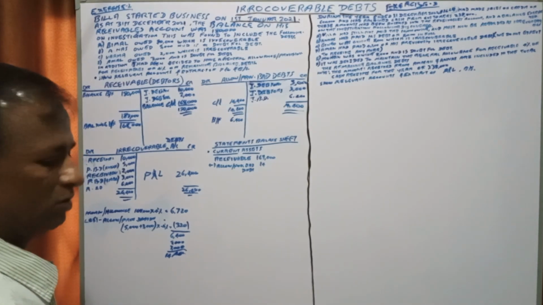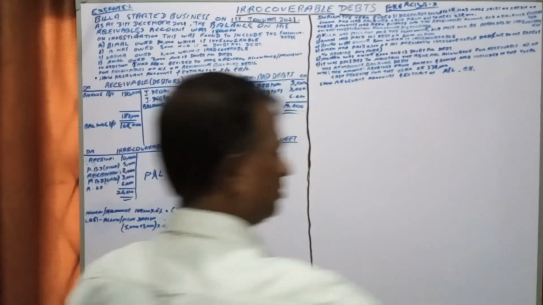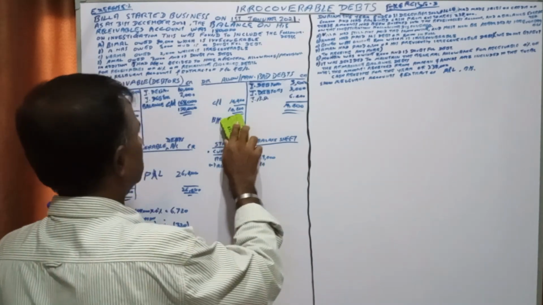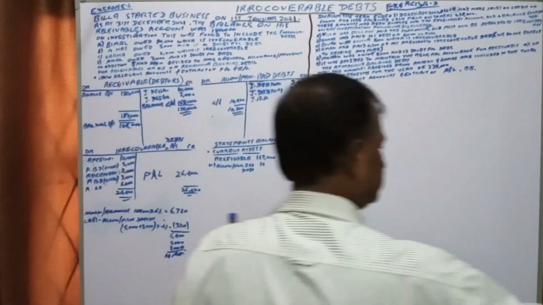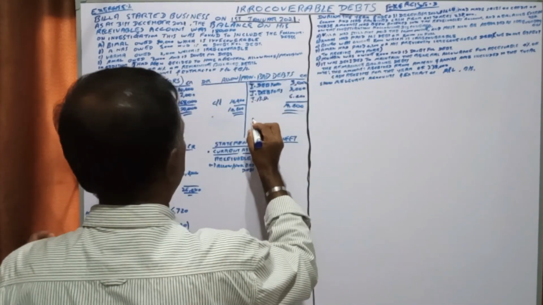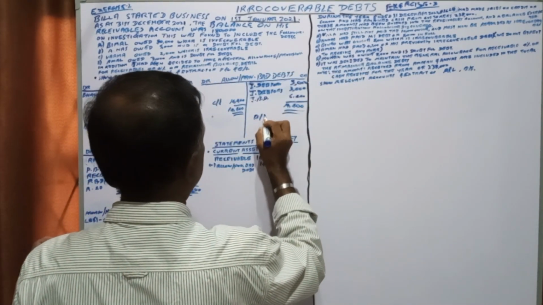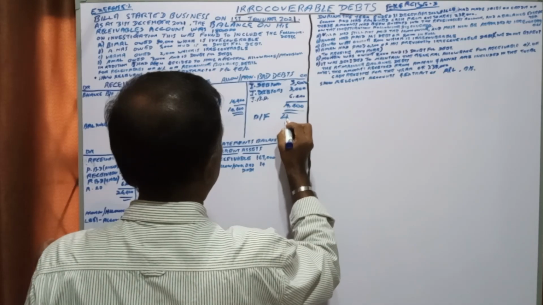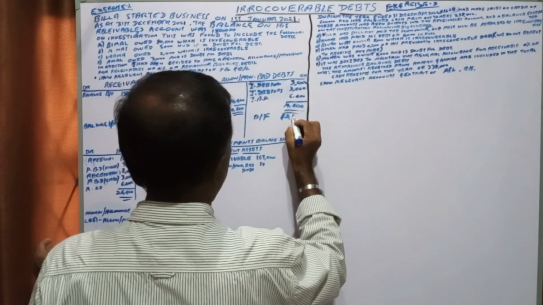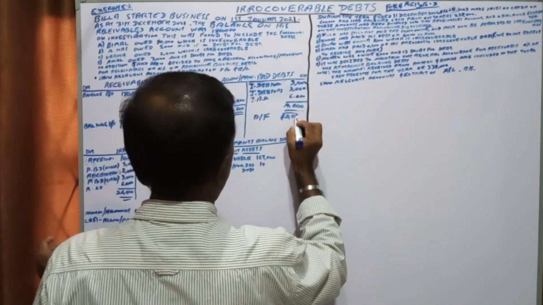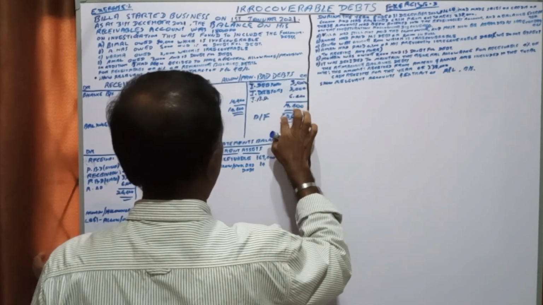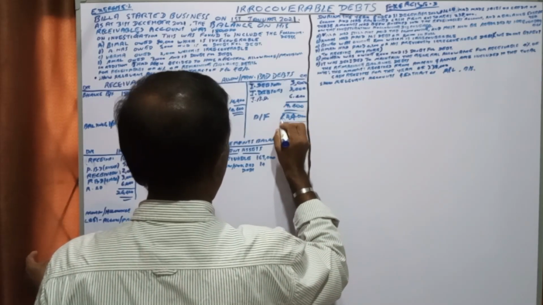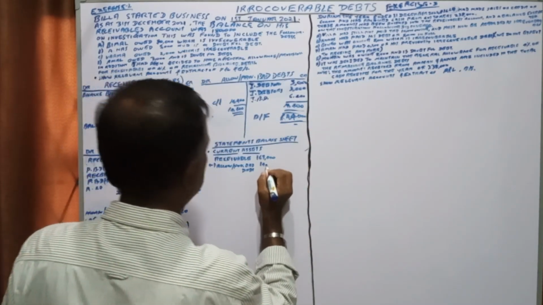It is carried on, and here the brought forward balance is 14,400, right? 14,400.